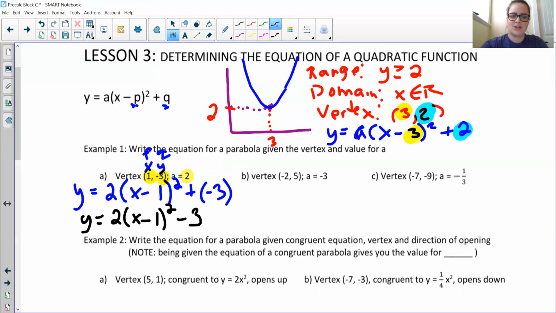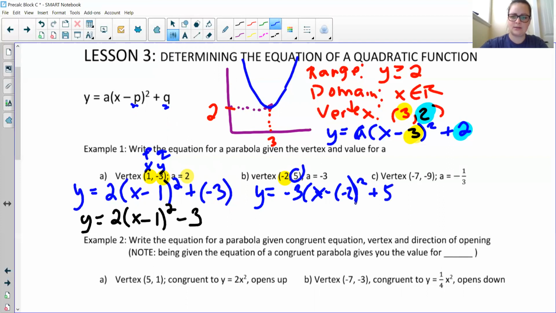This next one we're going to do as well. We're going to go y equals a, so a is given to us as -3. Then x minus p, and the p value is given to us again with the x coordinate of the vertex, so it is -2, squared, plus q, which is 5.